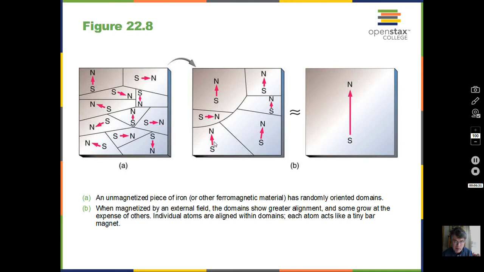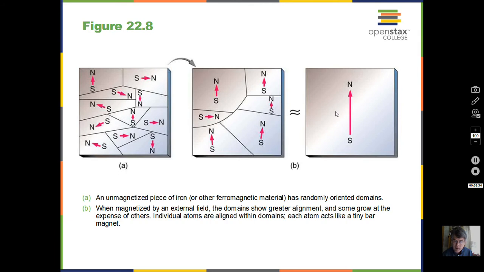There are trillions upon trillions of electrons in materials. If we can get the electron spins to line up, then we can get a measurable magnetic field. So there's our ferromagnetic material, and our magnetic domains are just regions where those spins are lined up. And again, we could go back to this picture on the left.